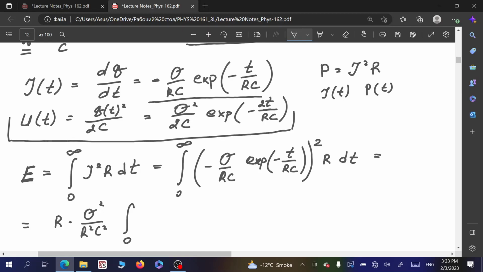And then we have integral from 0 to infinity exponent minus T over RC dt.